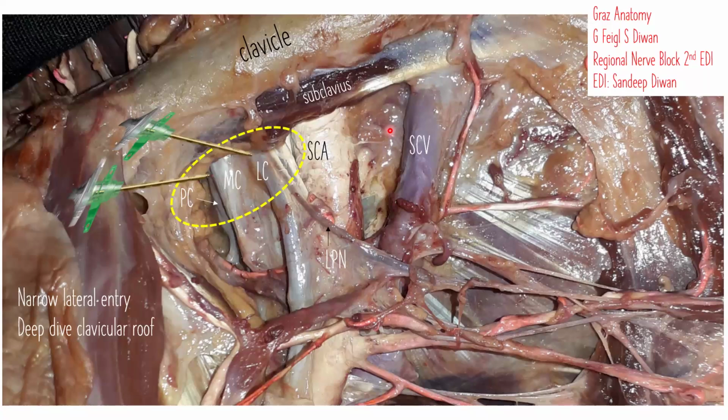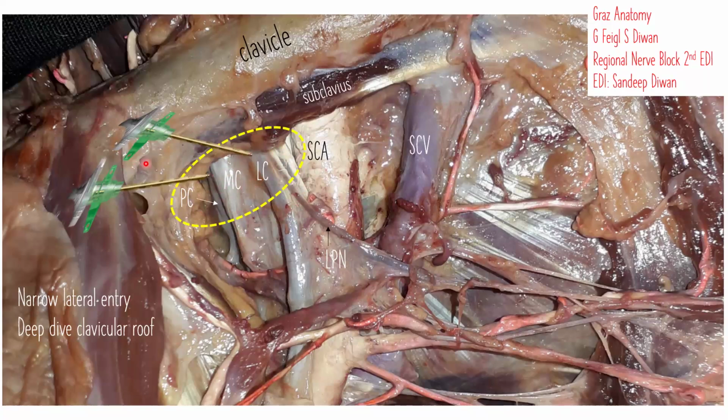So it's not that the needling would be easier. In fact, it would be more challenging in costoclavicular blocks, and it depends upon the depth of the costoclavicular brachial plexus and the height between the clavicle subclavius roof and the plexus. That's going to determine the needle angulation.